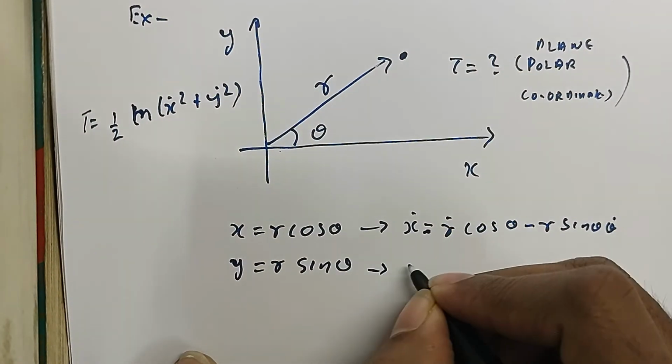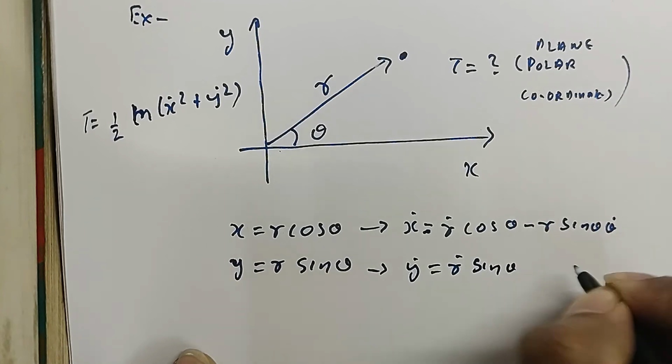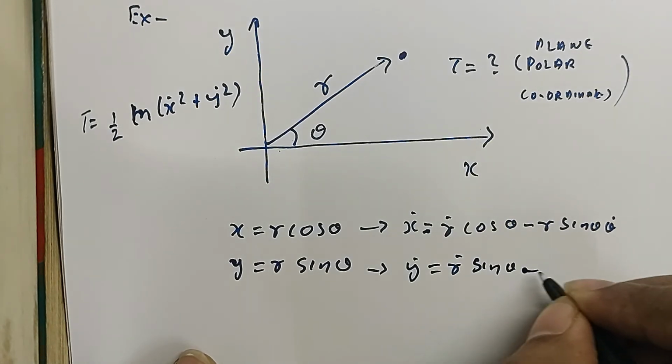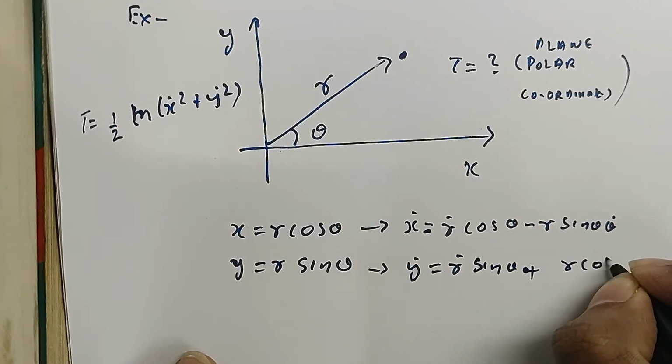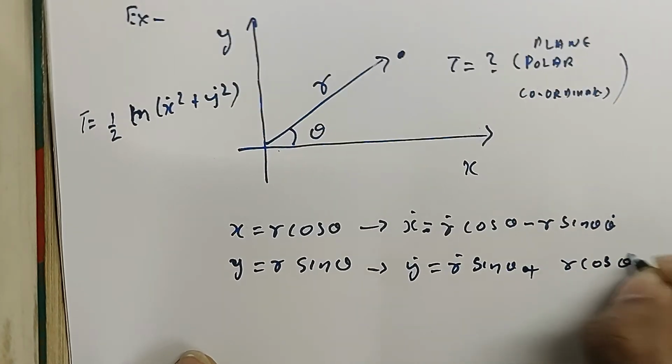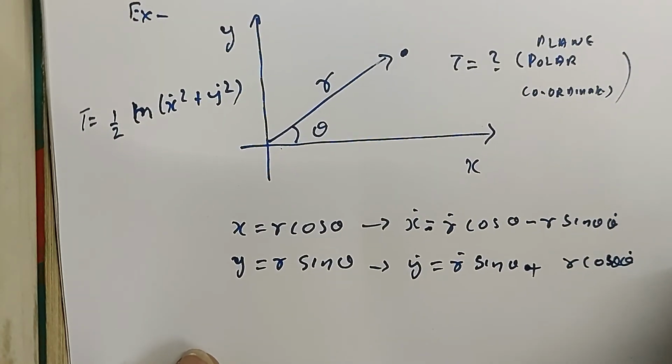Theta depends on time. And y dot will be r dot sin theta, and minus becomes plus, and we will have r cos theta theta dot.